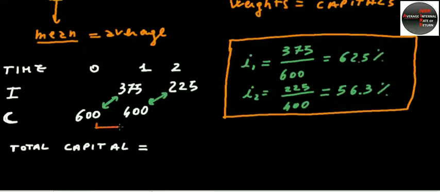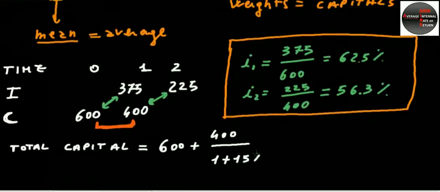Given that the invested capitals differ by one period, we have to compute the present values of the capitals. So we sum 600 and the present value of the second capital that remains invested in the project. We remember that the cost of capital is 15%, and we get the total capital invested. The total capital invested is 947.8.